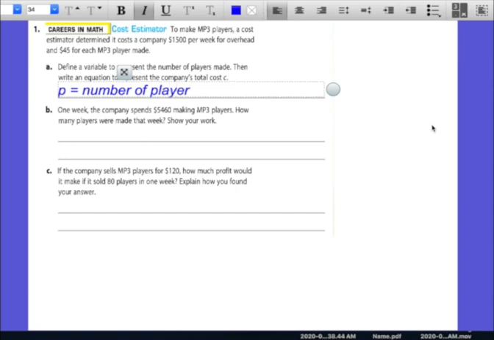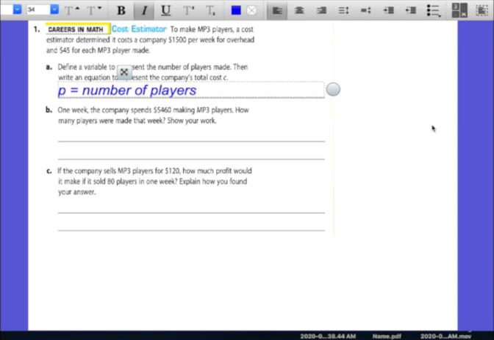Now, as I think about the relationship between the number of players and the total cost, I have to think about an equation. Well, we just talked about equations in y equals mx plus b form, so let's draw on that understanding to see if we can figure out this equation.